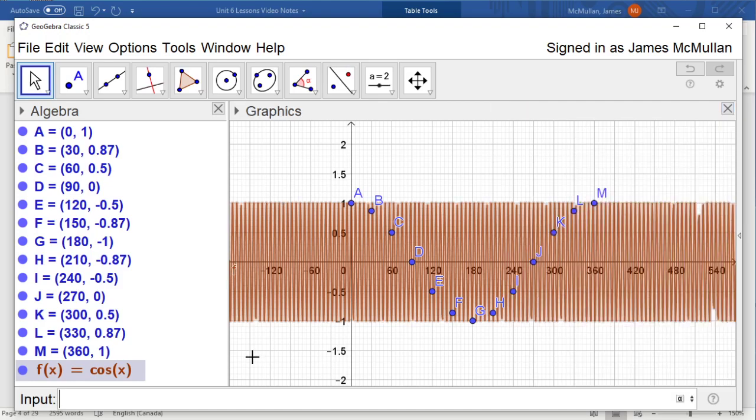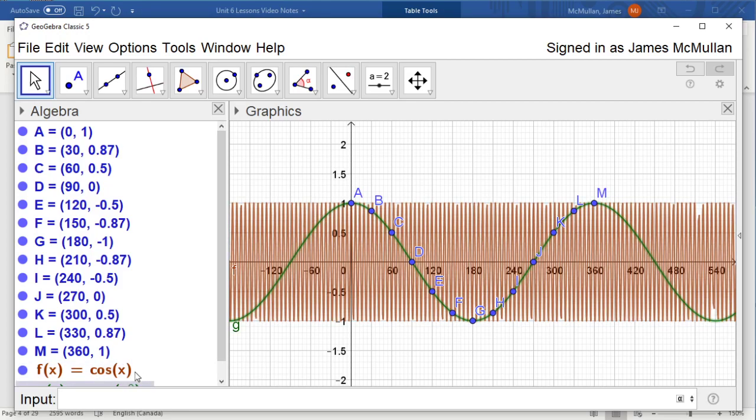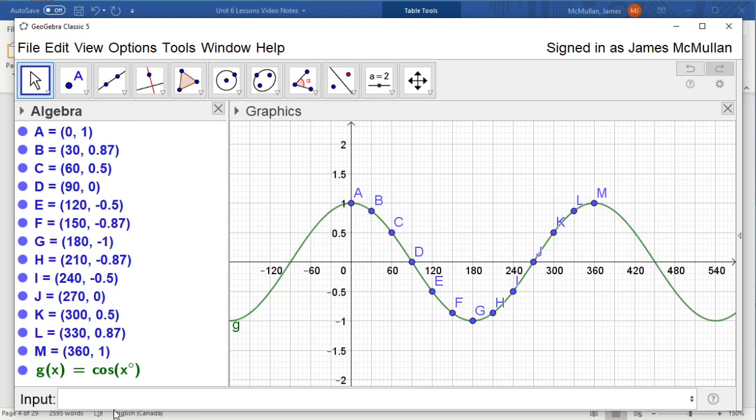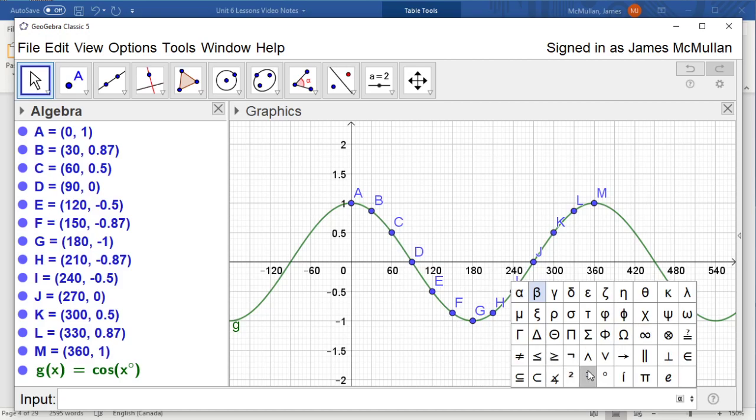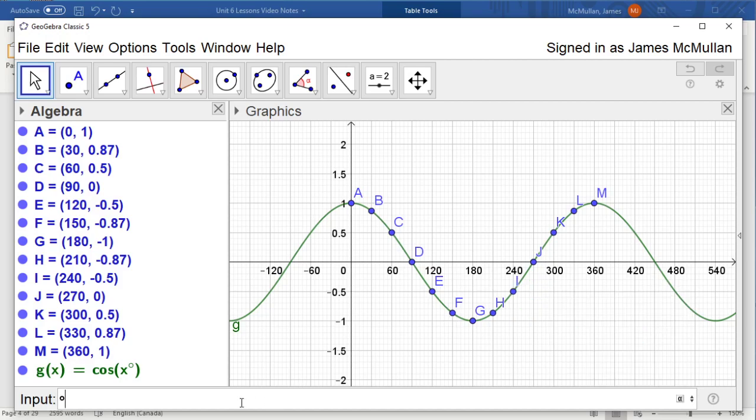So you need to say cos x degrees. To make degrees, you can use this little thing in the bottom where all your symbols are, and you just click degrees. It just goes right there.